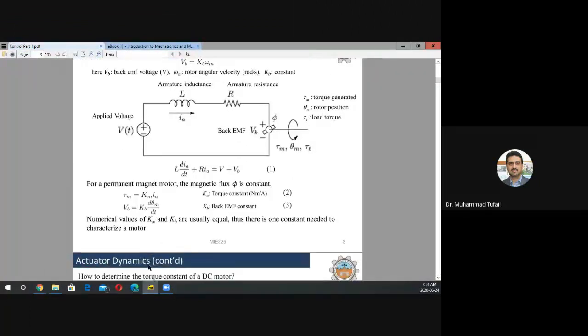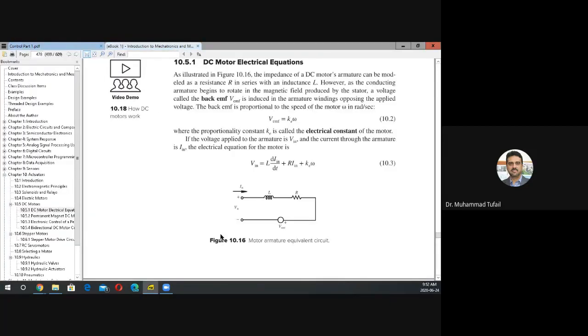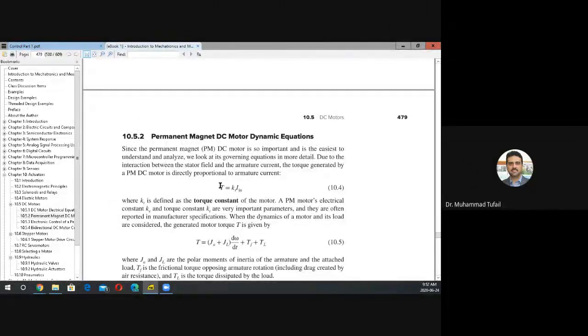Then we saw this equation: the torque produced by the motor is the torque constant times the current in the system. Last time we called this KT, the torque constant.